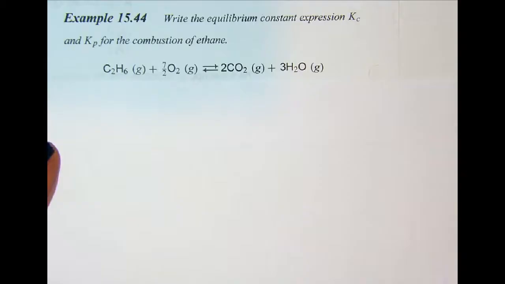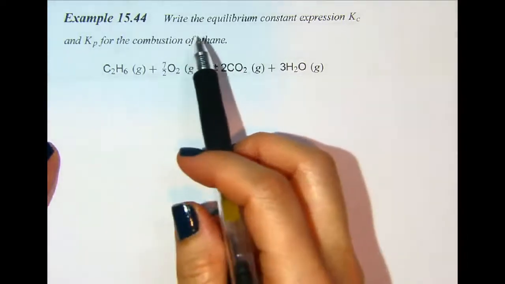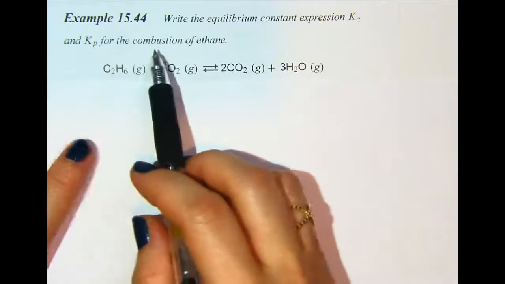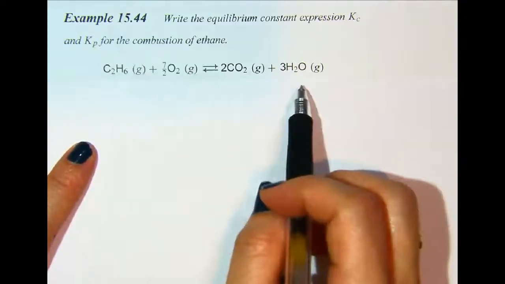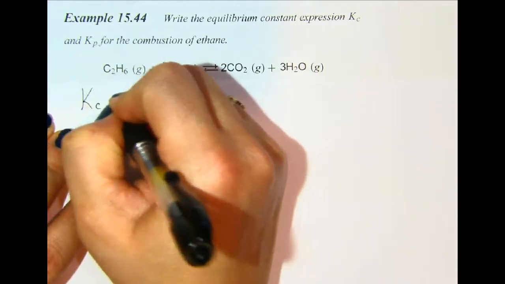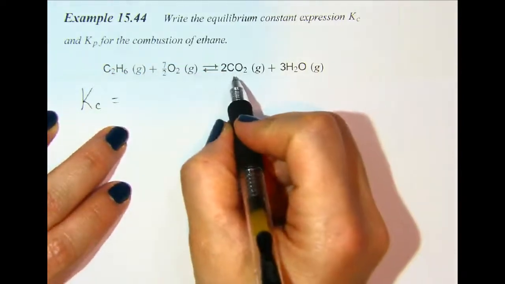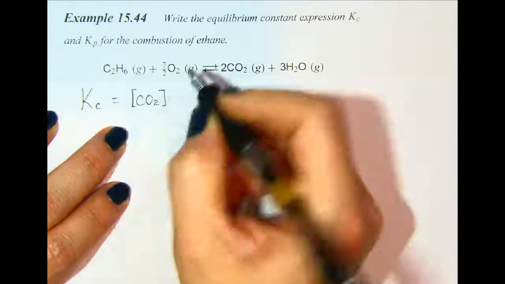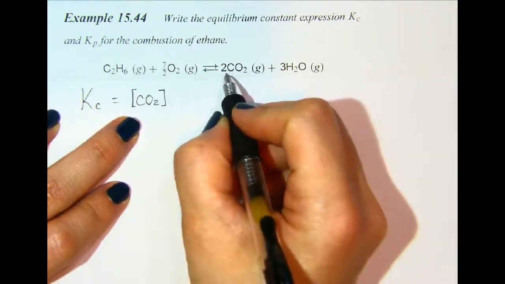Example 15.44. Write the equilibrium constant expression Kc and Kp for the following combustion of ethane. So let's write the Kc first. Kc equals, we'll take our products, put them in brackets, CO2, and raise to the power of the coefficient.